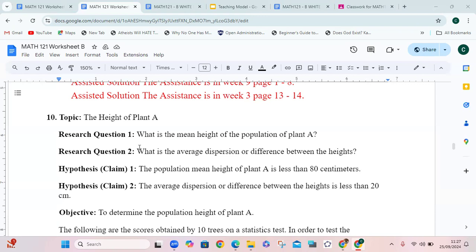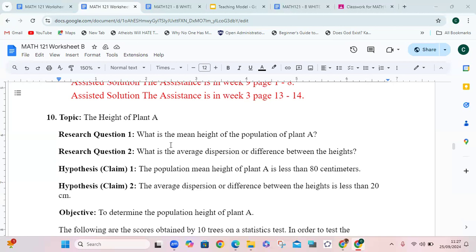Now, research question number 1 is asking about the mean of the variable height. What is the mean? What is the average mean of the population? Whereas research question number 2 now is asking about the average dispersion or difference between the heights. I need us to pause on that subtle difference, that very important difference.